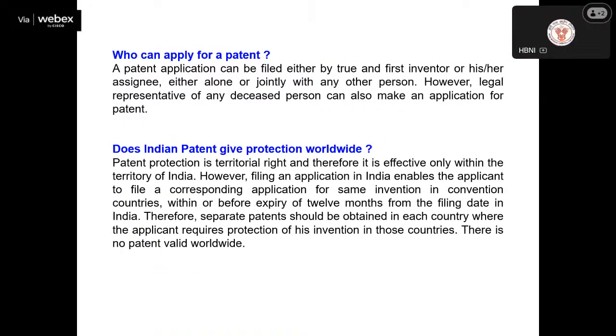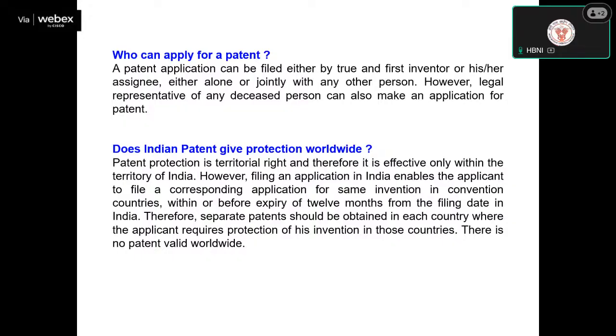So now we'll discuss who can apply for a patent. A patent application can be filed either by the true or first inventor or his or her assignee, either alone or jointly with any other person.